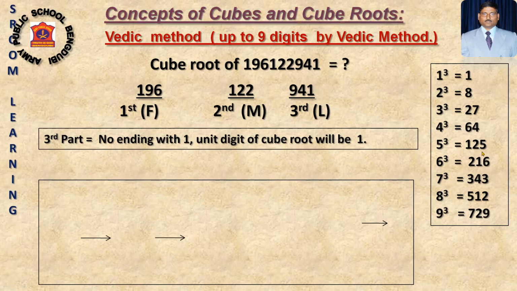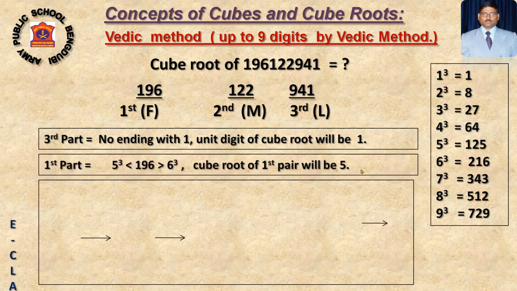It is greater than 5 cube but less than 216, so I have to accept this digit. That is the second part. The last part is 1 and the first part will be 5. You cannot take more, since it is greater than 5 cube but less than 6 cube. That's why 5 is the first part answer.